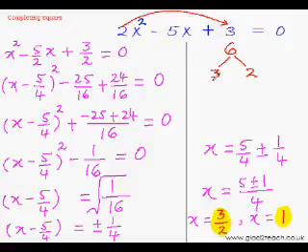Therefore, the bigger number has to be negative, and since their product is positive, the other number should be negative as well, isn't it? Minus 3 minus 2 is minus 5, and minus 3 times minus 2 is positive 6.